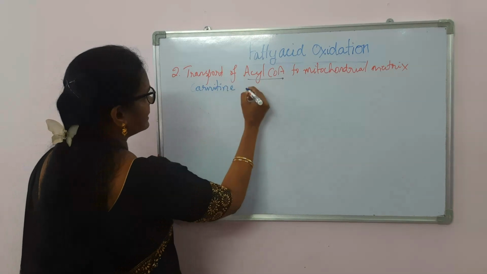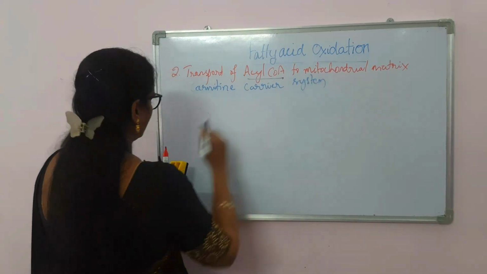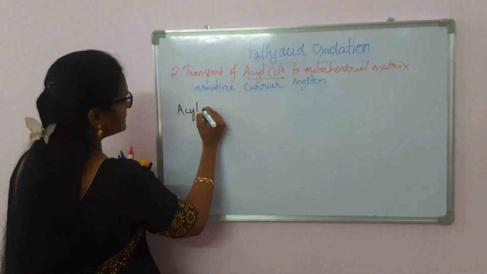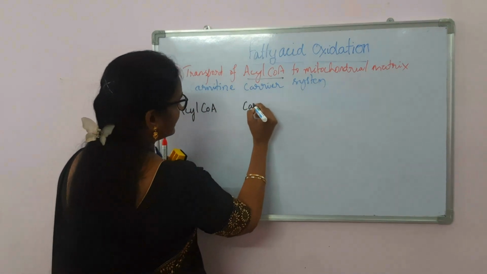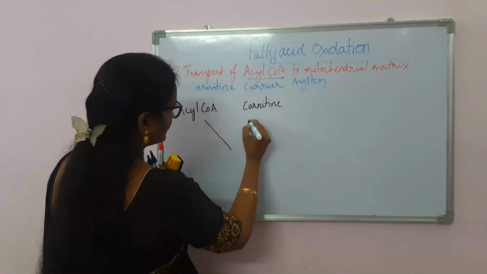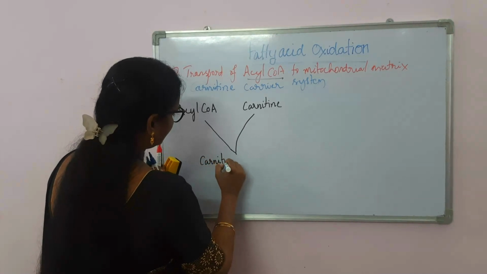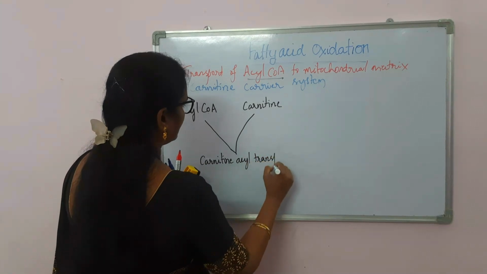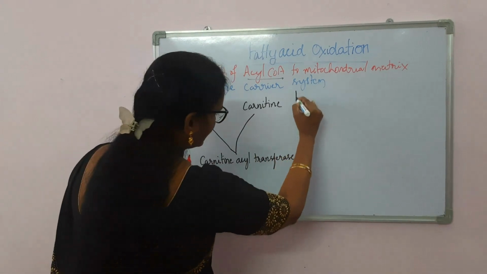Carnitine carrier system. So now we have activated fatty acid, that is acyl CoA. This combines with carnitine with the help of an enzyme, carnitine acyl transferase 1. This is the enzyme.